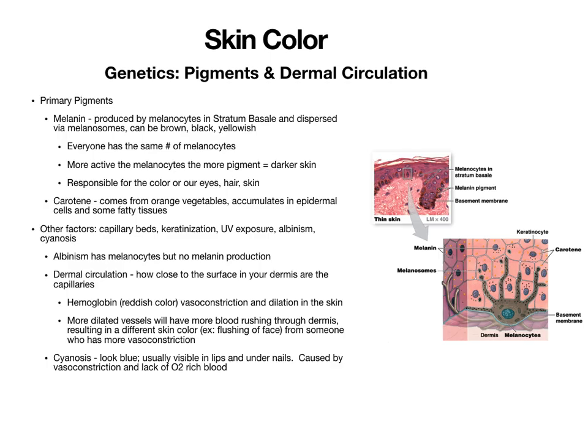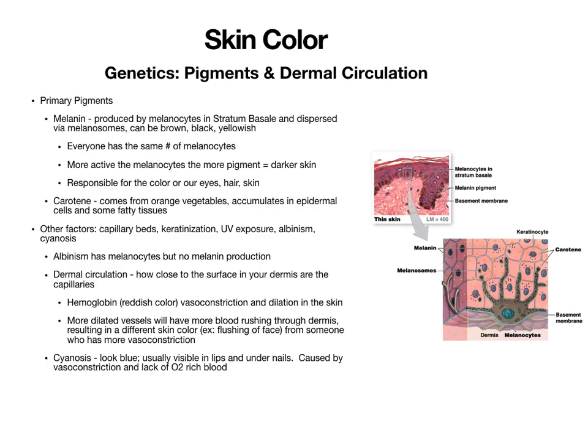Someone who has albinism has no melanin production, but they still have those melanocytes, because remember, everyone has the same number of melanocytes. It just depends on whether those melanocytes are active or not active. Someone with albinism still has those melanocytes, but they're just not activated.